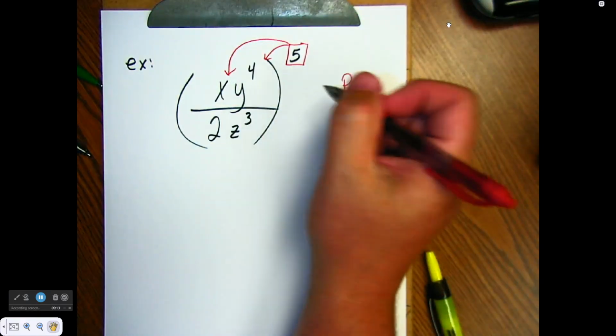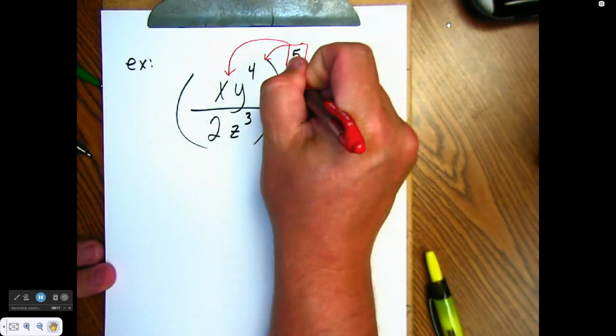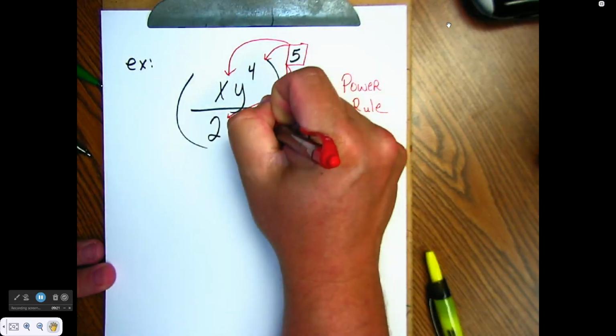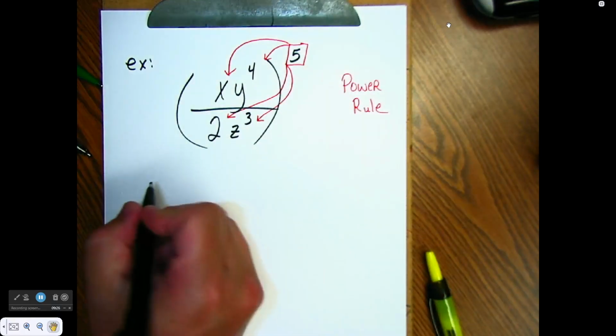It will also affect everything on bottom, down in the denominator. This coefficient of 2 and the z to the 3rd. So now let me show my work.